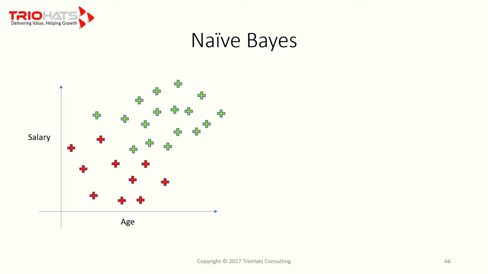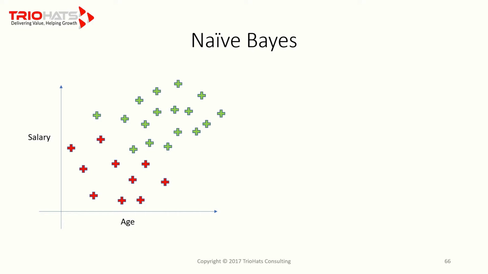So moving on to naive Bayes, let's say we have two different variables, one is age, one is salary. The age is the independent variable and the salary is the dependent variable.